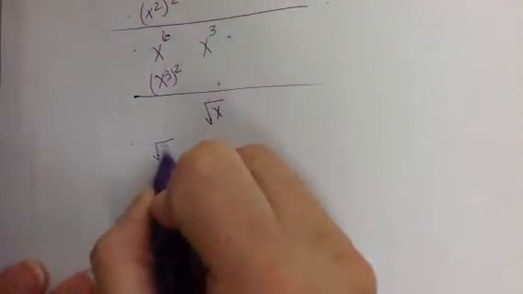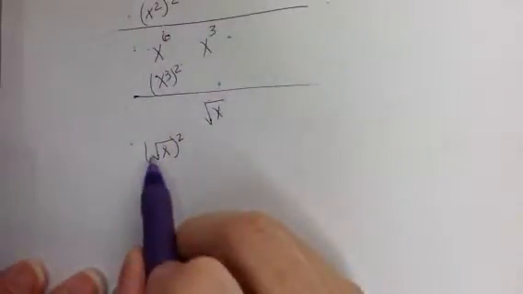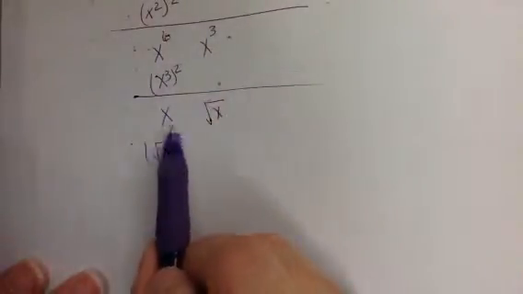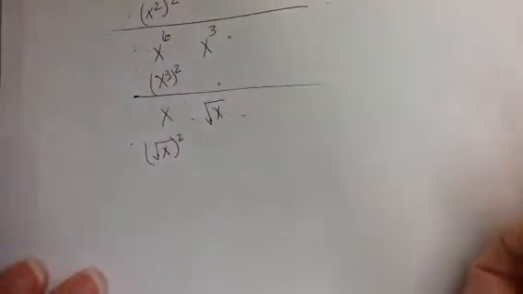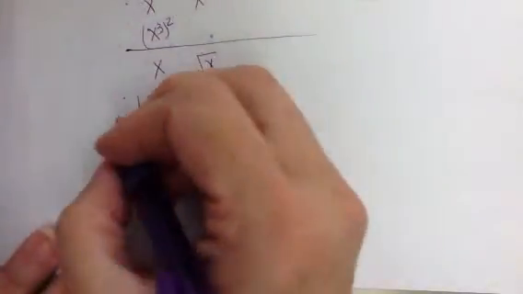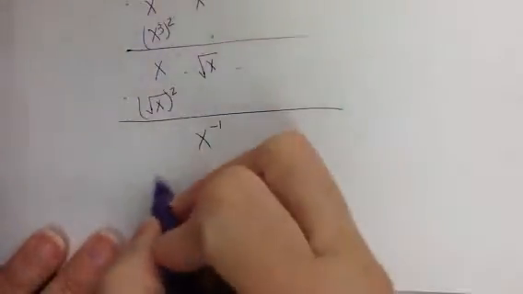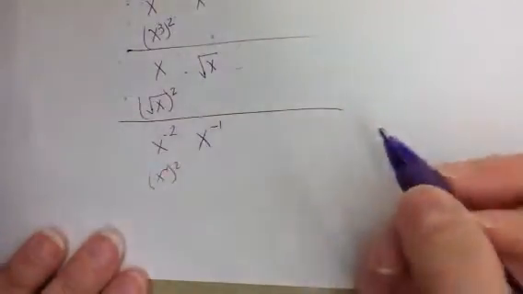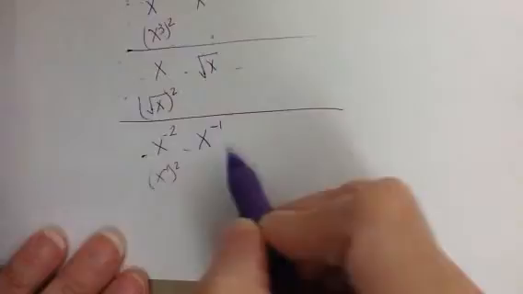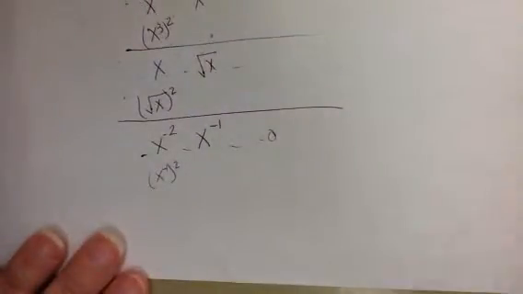If we take the square root of x and we square it, a square root squared, they cancel, so this is just an x. So if you had a square root of x and an x, and then you had numbers here, that would be a quadratic form. If we have x to the negative 1, and I squared that, I'm going to get x to the negative 2. So if I had something with numbers in here, then that would be in the quadratic form.